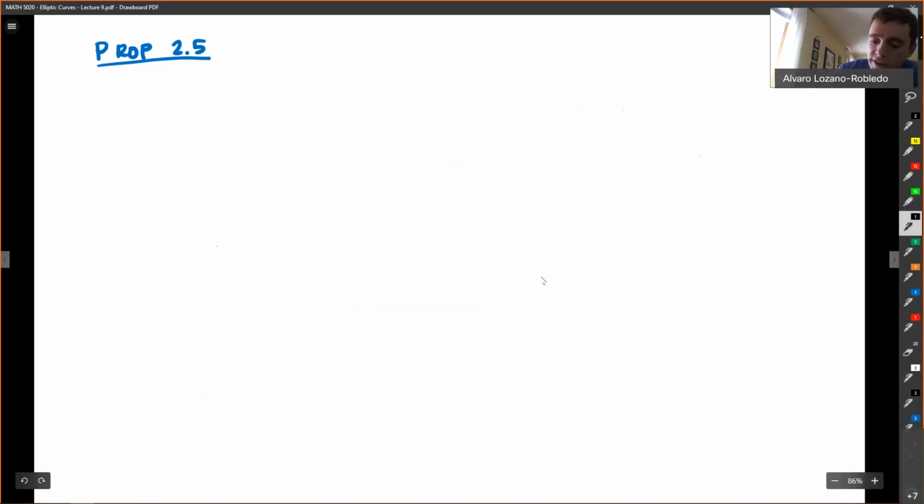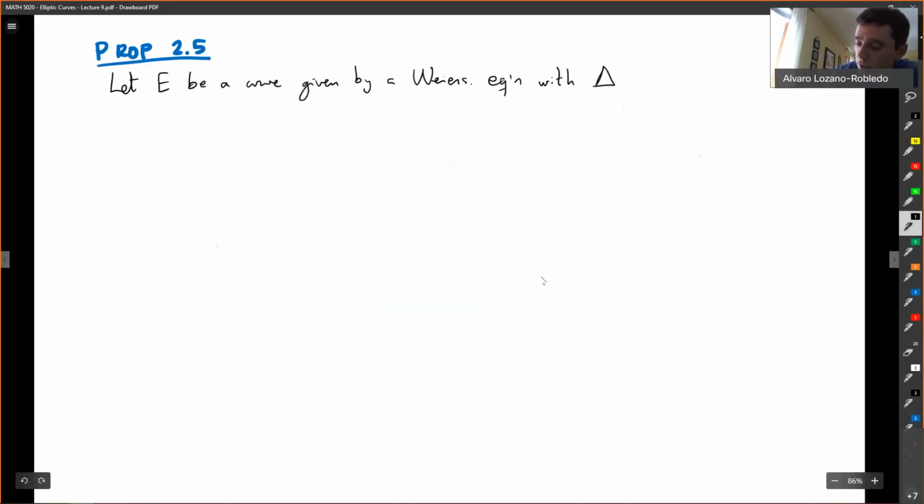So here is the proposition. Let E be a curve given by a Weierstrass equation, a Weierstrass model, with delta being 0.